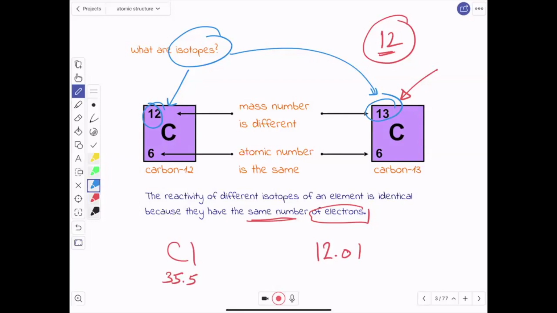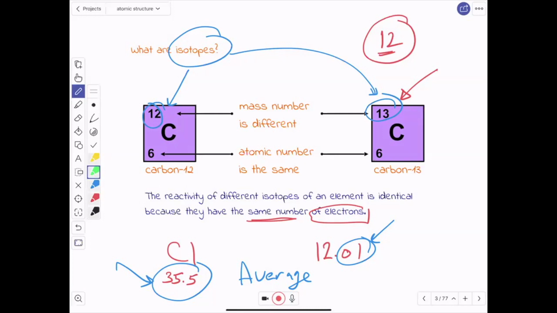So where do these decimal points come from? The decimal points come from the fact that these masses here, the 35.5 and the 12.01, these are actually average masses of all existing isotopes of this element.